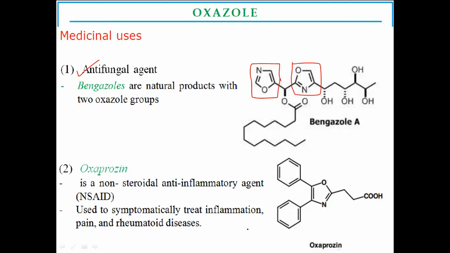Another example is oxaprozin. This is one of the NSAIDs, that is, non-steroidal anti-inflammatory drugs. Oxaprozin has oxazole as a basic moiety. This NSAID is used in pain management as well as in conditions like rheumatoid arthritis.